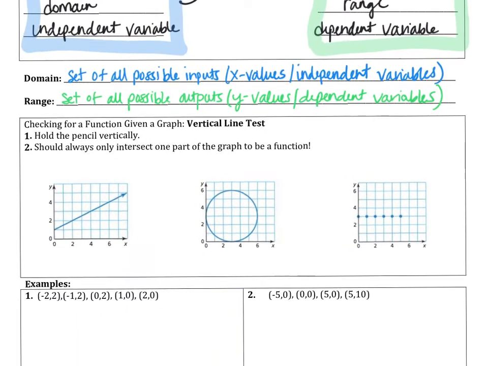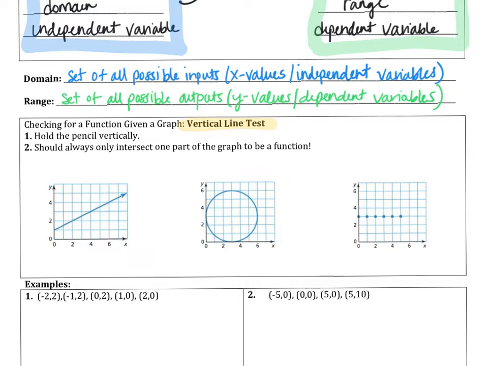Here's one way you can identify a function, and that is graphically using something called the vertical line test. How this works is if you hold your pencil vertically, I'm going to use the highlighter function, you should be able to drag it across a graph along the x-axis and have it only intersect that graph at one point at all times.